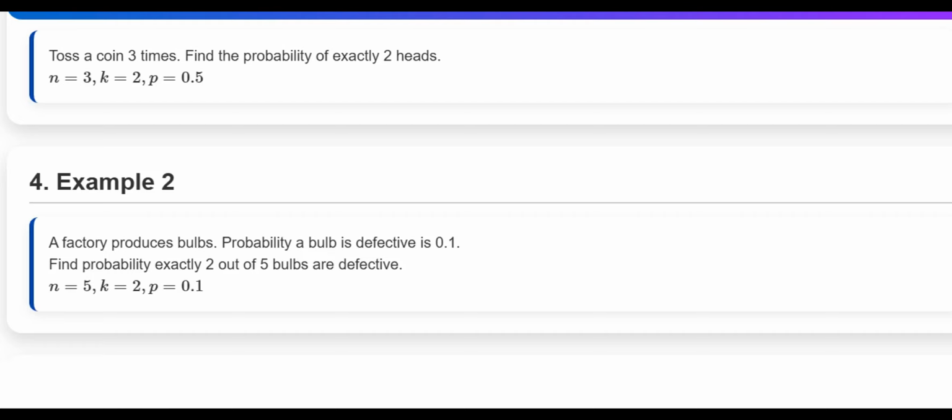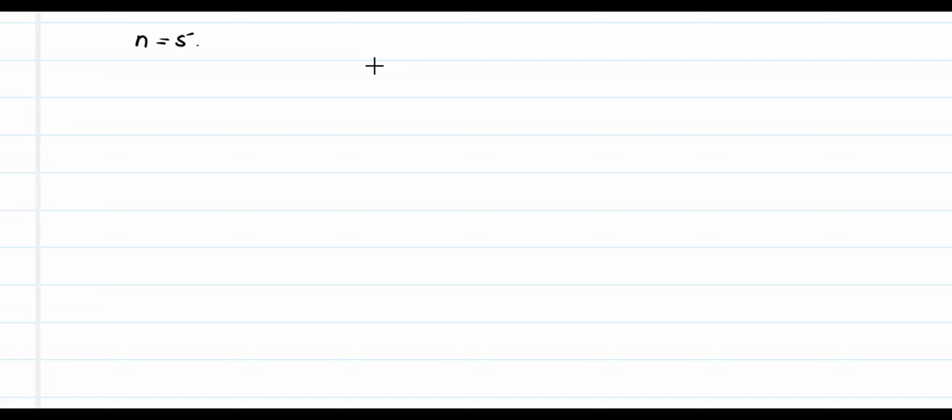So in our case now, n becomes 5. Then the probability of a bulb being defective is 0.1, so that p is 0.1.